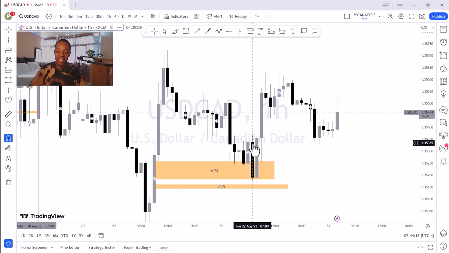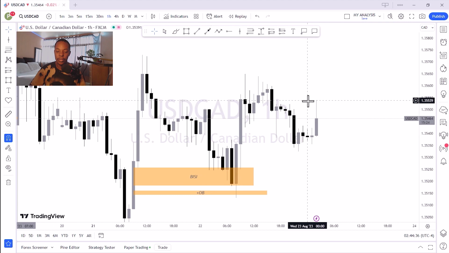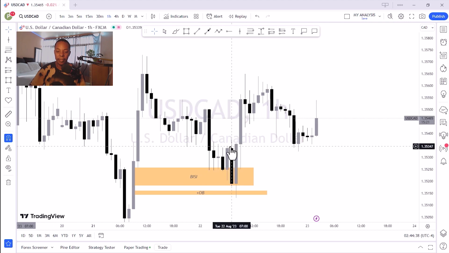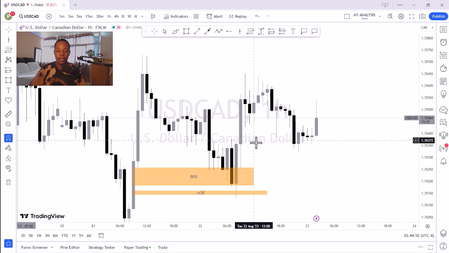I know it's not a good idea to put SLs on inefficiencies, but that's where I put my SL, and as you can see, it came back into this order block here. That's where it tapped me out, and then this morning it's finding its way to higher prices. So it did take me out of the trade, but it was a winning trade anyway. It was a successful trade, even though I didn't reach my final TP, which was here, but I reached my first partial and logged profits, got out with profits too. So it was a winning trade.